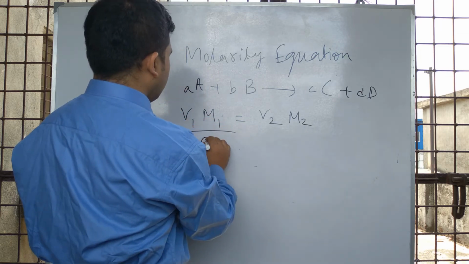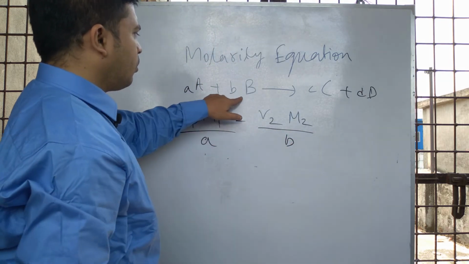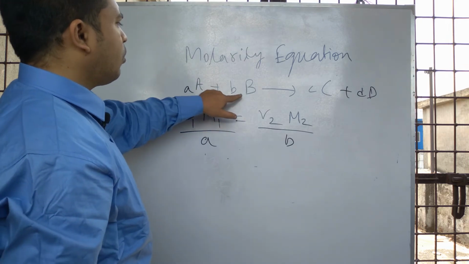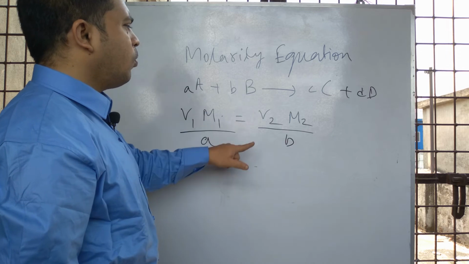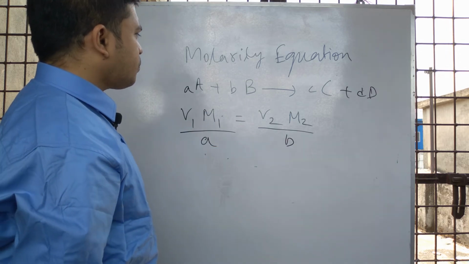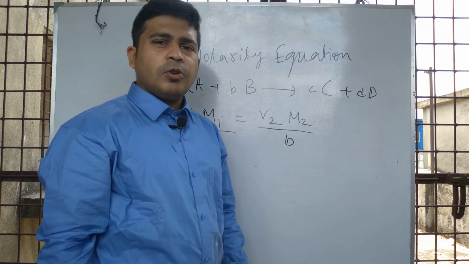Then the equation is M1V1 by a equals M2V2 by b. This is the relation of the number of moles of A and B. This is another equation for molarity. So you understand the molarity equation.